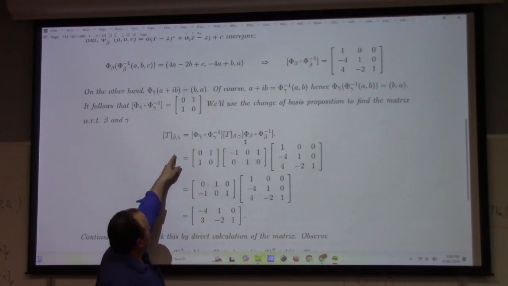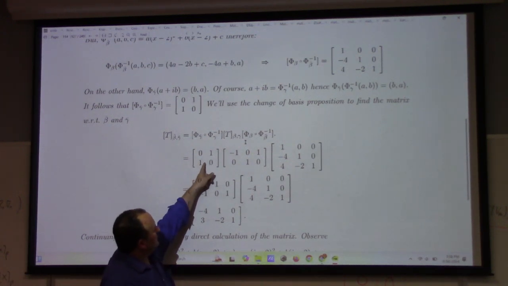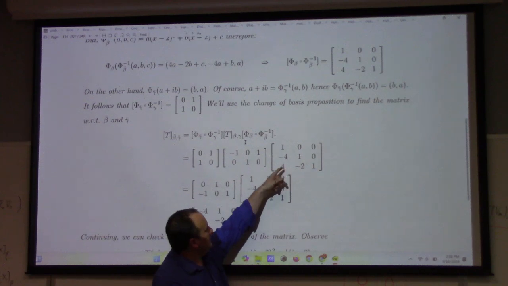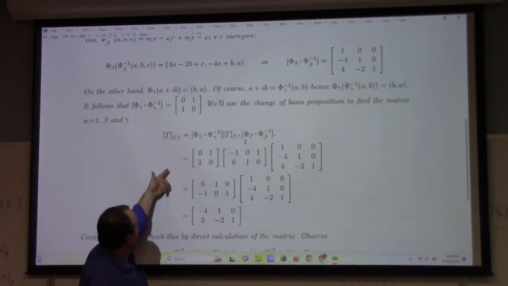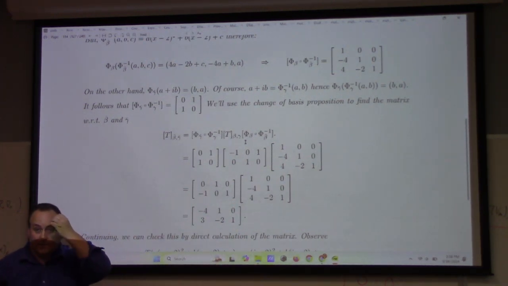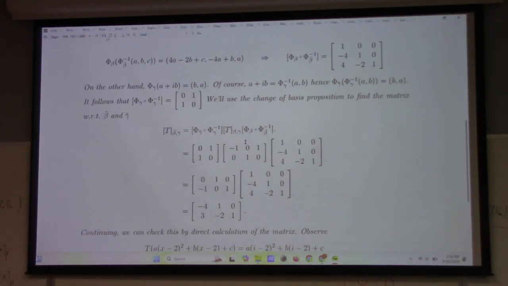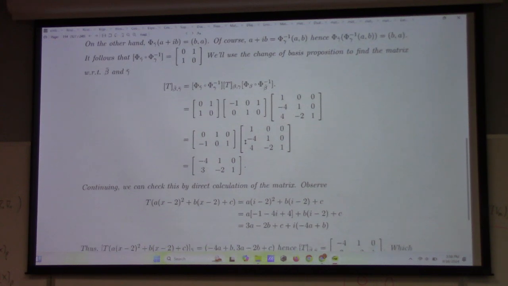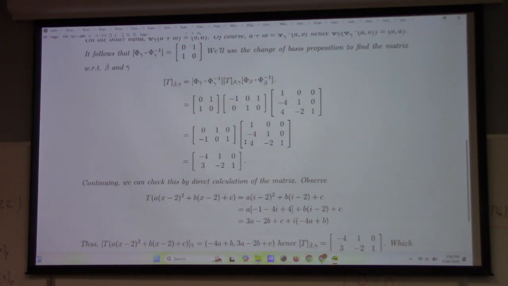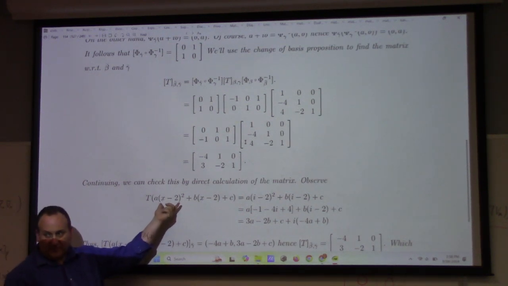So this is the coordinate change relation, and I'm working it out, and I get this. Then just to check my answer, I calculate the matrix of T with respect to the barred bases directly. Here's a natural expansion in terms of the shifted basis.